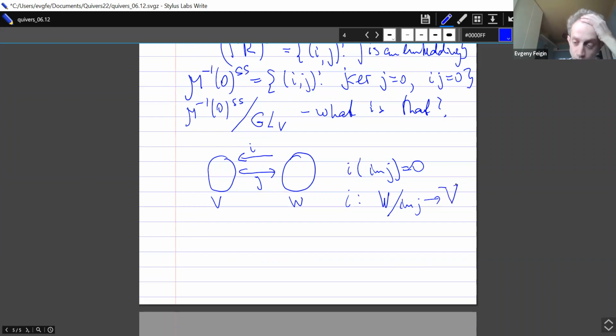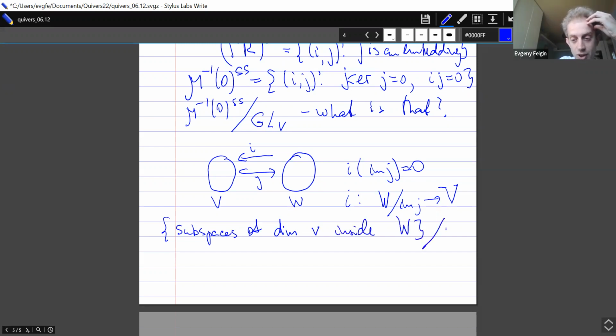Okay. And so let us consider the following data. If we consider subspaces of dimension V inside the space W, modulo the group GLV. So what is that?